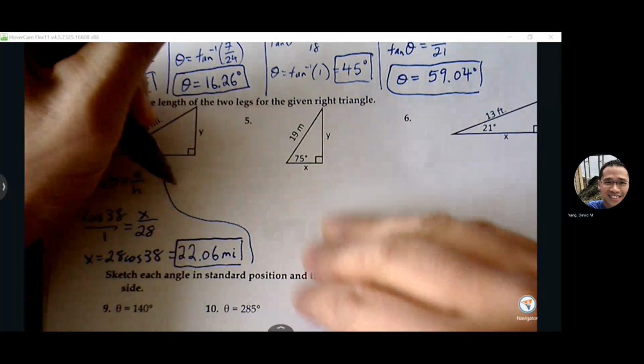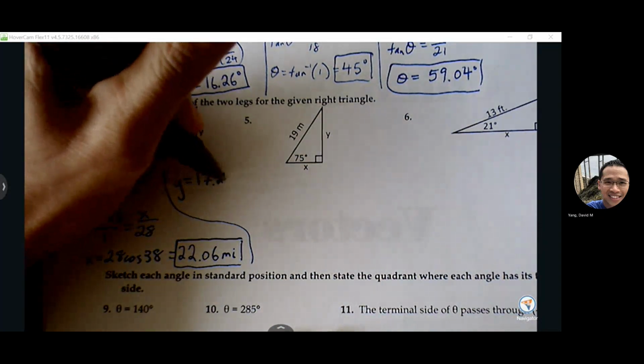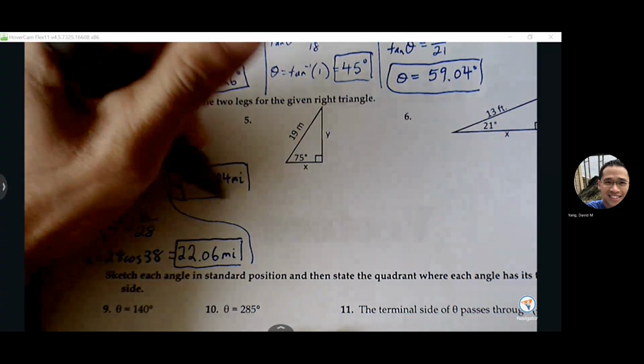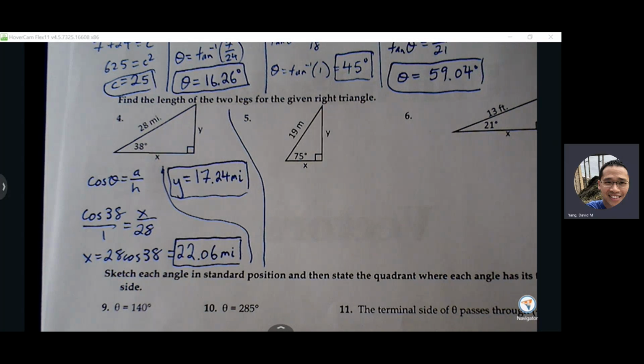It's really up to you. Okay, go ahead and fill out 5 and 6.